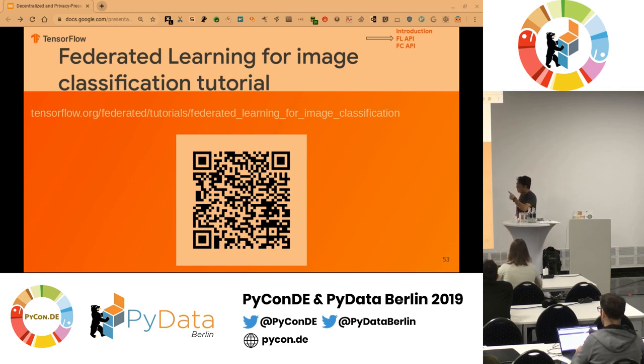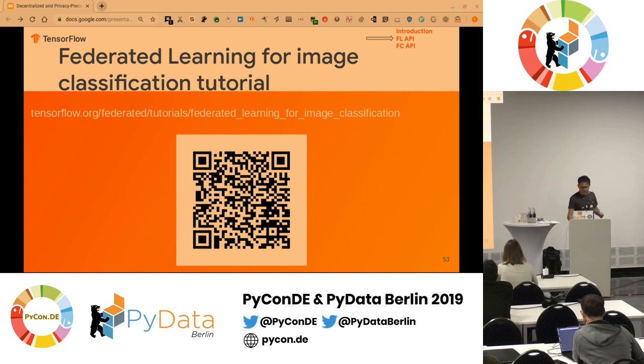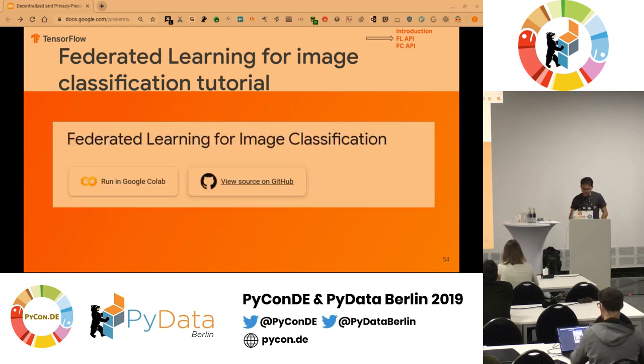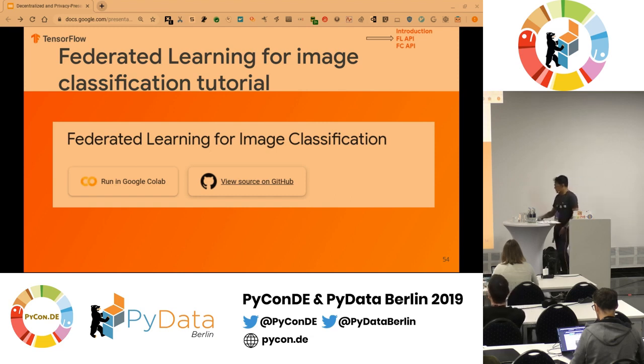So that's the data that we use. It's a data set that's provided by TensorFlow as well as TensorFlow Federated, and that's the tutorial. We're going to run parts of the tutorial today. If you go to that link that I just gave you, there'll be a link to see the source on GitHub if you want to read the code, or you can run that tutorial on Colab.